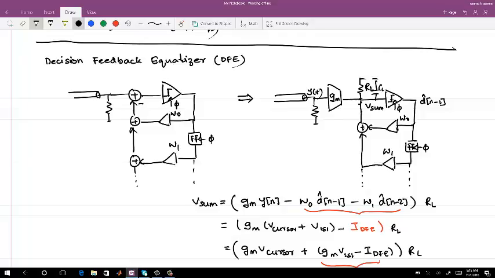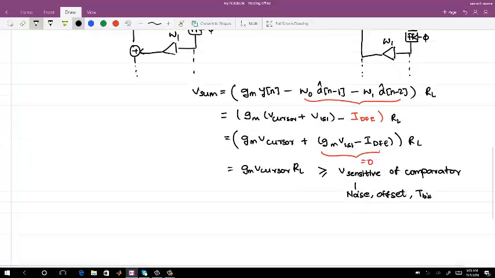The more taps you connect to the Vsum node, the more capacitance you add at that node. So your Vsum node now becomes GM Vsignal RL times 1 by (1 plus S CL RL). Adding more taps can lead to a better output swing, but the constraint is the delay.